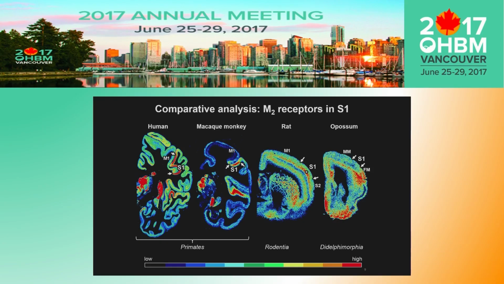And again, in the marsupial brain, we see that the primary somatosensory cortex is identifiable not by its higher densities than the surrounding cortex, but by lower densities.